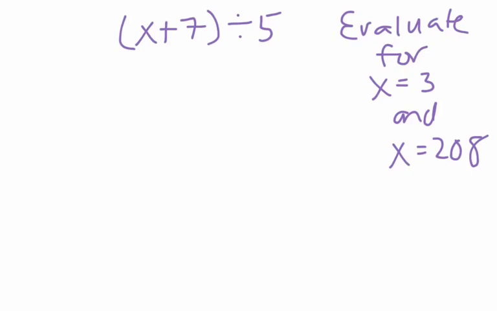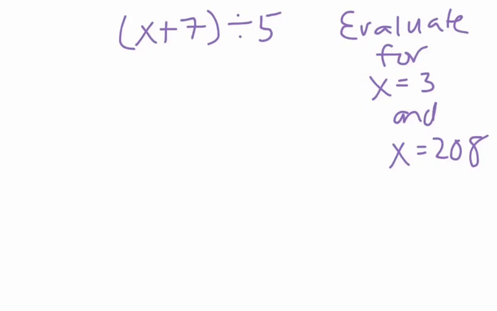So x could be equal to 3, like if you're 3 seconds into your race, or x could be equal to 208 if you're 208 seconds into the race that you're running, but it's not going to be 3 seconds and 208 seconds at the same time. And so if you see something like that, it's actually asking you to do two different problems.